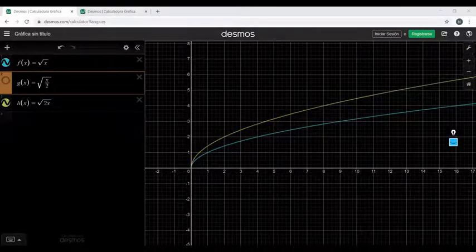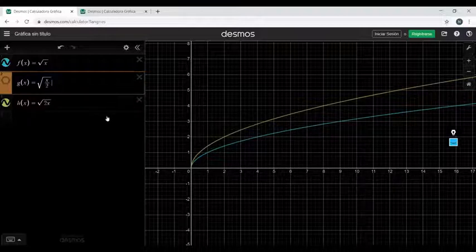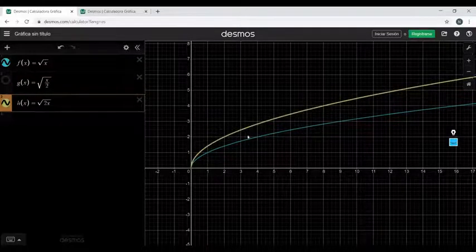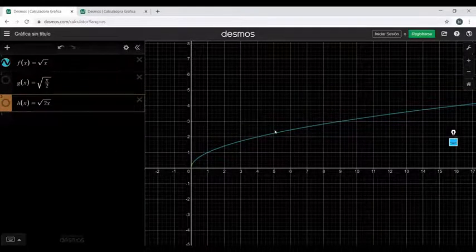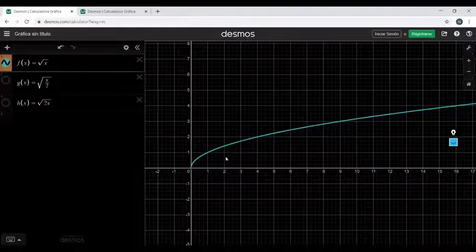Please, you have to pay a lot of attention in here. Talking about horizontal stretches, if you want to stretch your original function by a factor of 2 in the horizontal axis, you should divide your variable x by such number, okay?